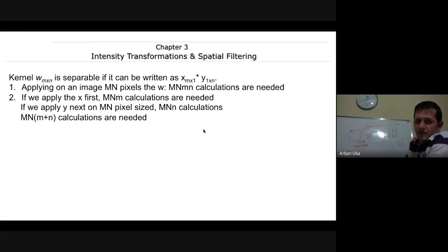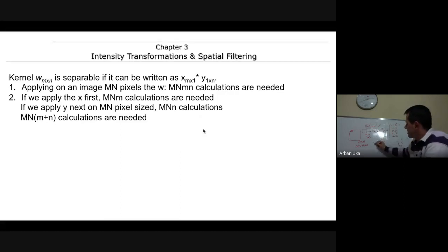But if we assume that this little kernel can be written as the multiplication of two vectors, let's call one vector x and the other vector y, then these two would be equal to the kernel W, which is a matrix.